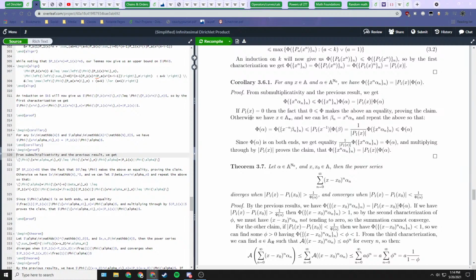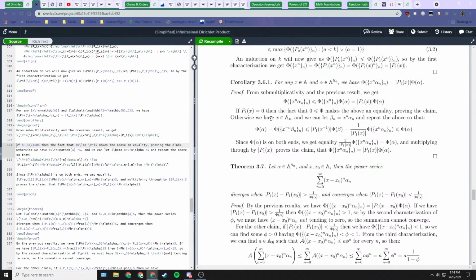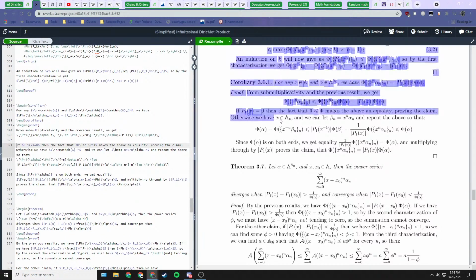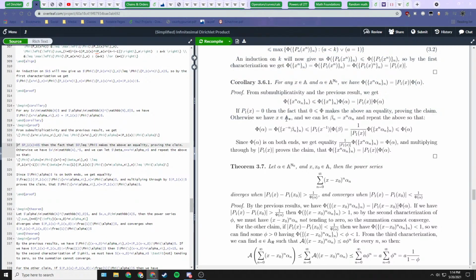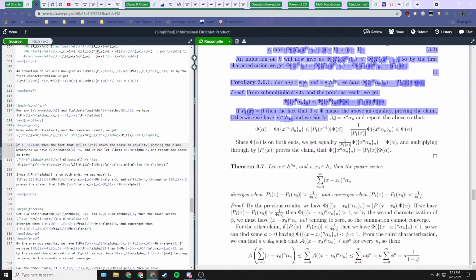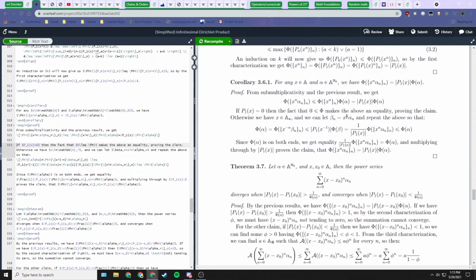Otherwise, if p1 is non-zero, that just means x is in A star. A star is the set of units, and we have our characterization of A star as every element in A such that the first index is non-zero. So if the first index is not 0, the second case, we can take some other sequence, beta sub n, and call it x power n times alpha sub n.